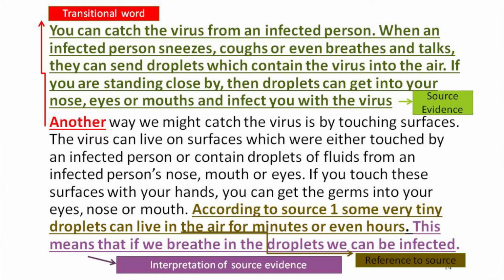This is where we have our writer referring to the source, or we refer to this as a reference to the source. So our writer is saying to us where he or she got the information from, where they got their evidence from. They continue to interpret that evidence and put it in their own words by stating, this means that if we breathe in the droplets, we can be infected.